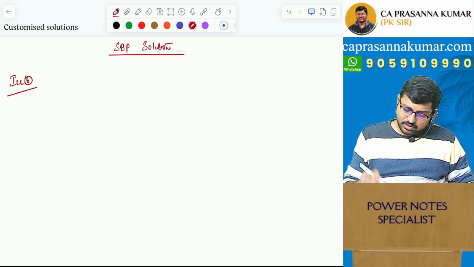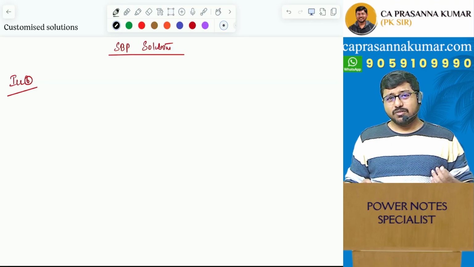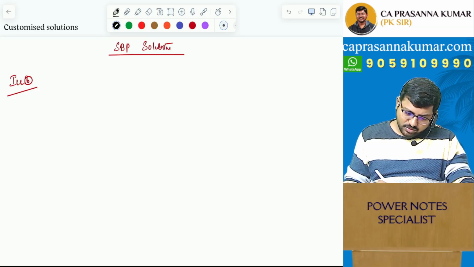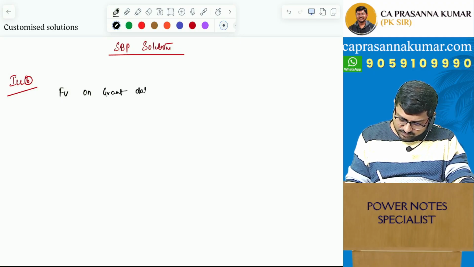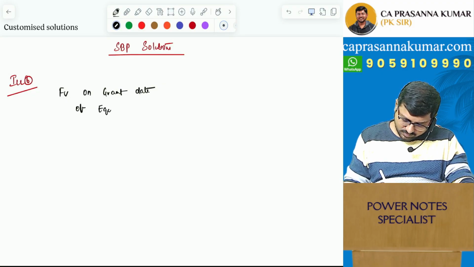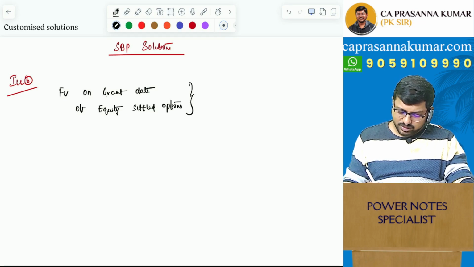Alright, so what is the first thing that we need to do? We need to find out fair value on the grant date with respect to equity settled as well as cash settled options, right? So let's find that out. First, fair value on grant date of equity settled options, or you can also call it equity options, your wish, Nana.